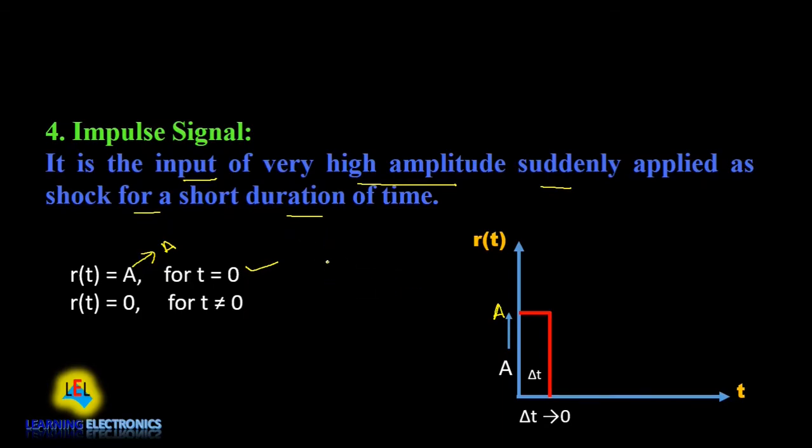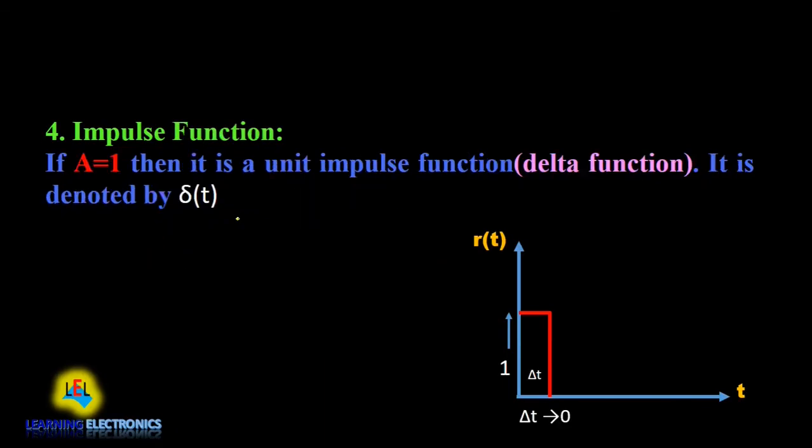So here the area of the impulse signal will be A. Okay. Now if we make this magnitude equal to 1, that means if the amplitude of the impulse signal is equal to 1, then it is called as unit impulse function. Unit impulse function is also called as delta function, and it is denoted by del t.